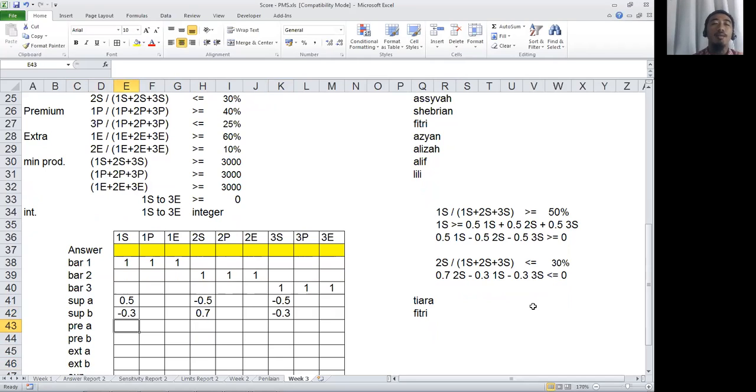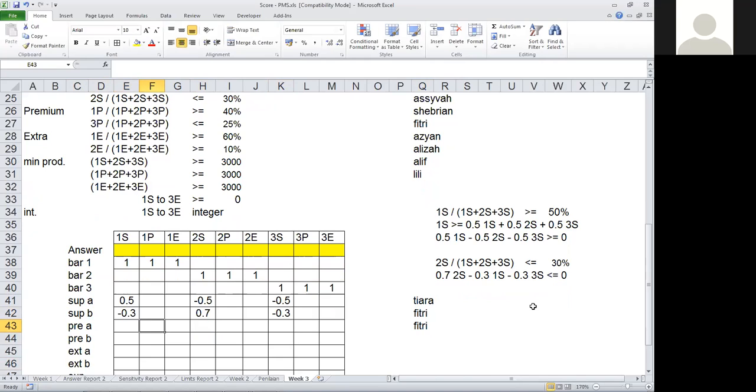Who wants to try the first constraint of premium? 0.6. Yeah, 0.6. 1P, which one? 1P is 0.6.